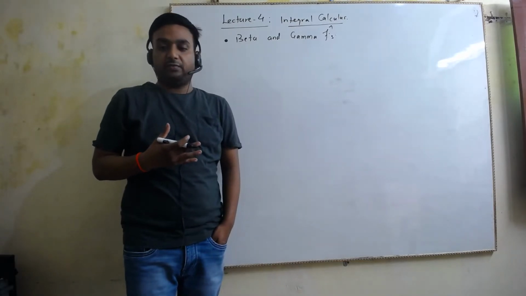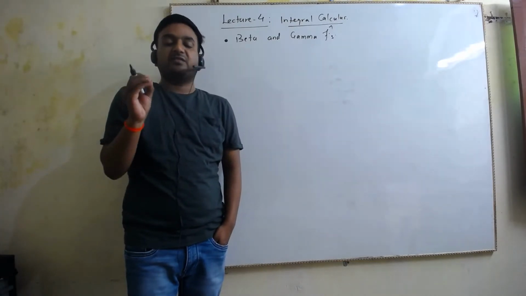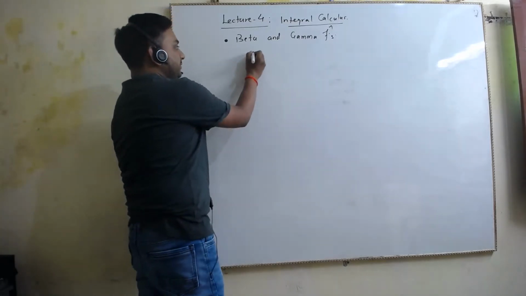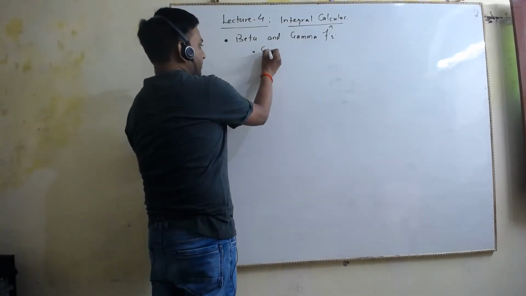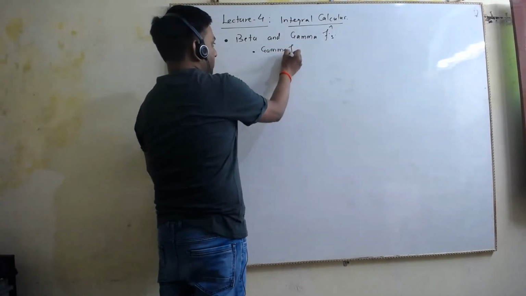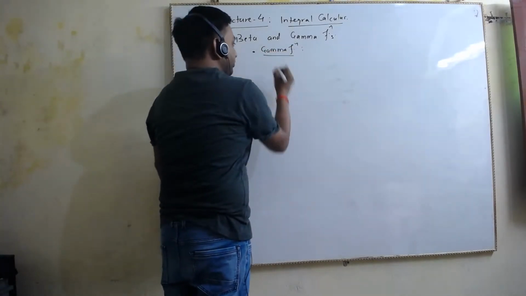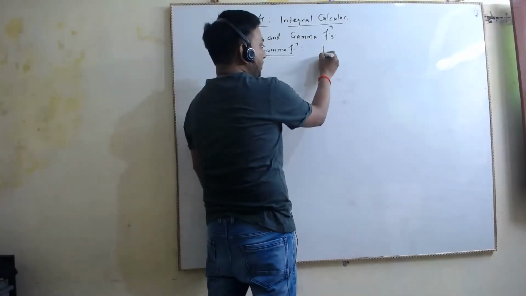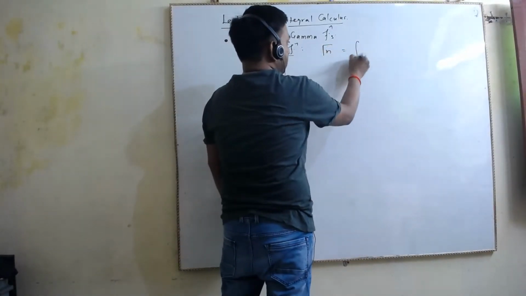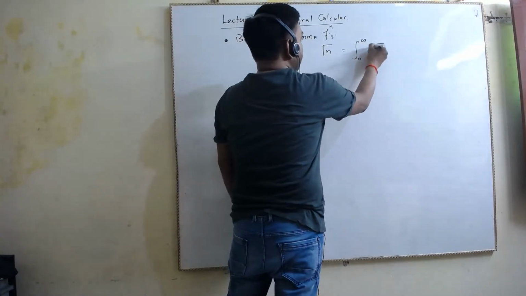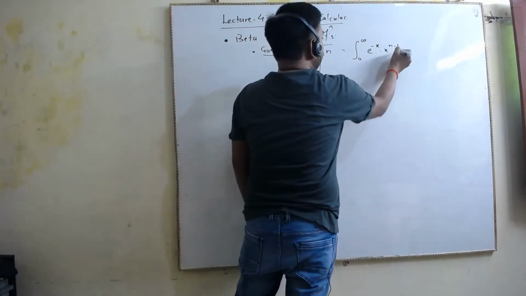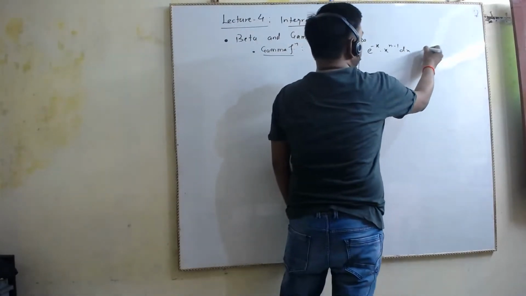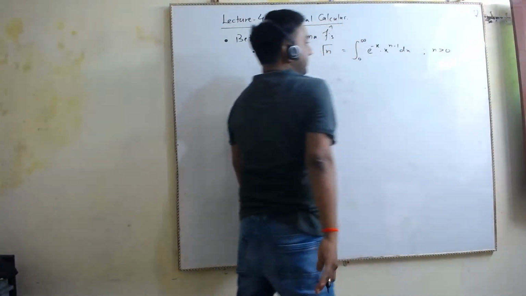One thing I would like to tell you guys here is that these are not some special kind of stuff, but only some special integrations. So when I talk about gamma function, it is basically an integral, 0 to infinity e raised to the power minus x into x raised to the power n minus 1 into dx, where n is positive.